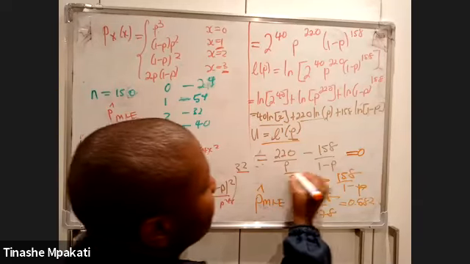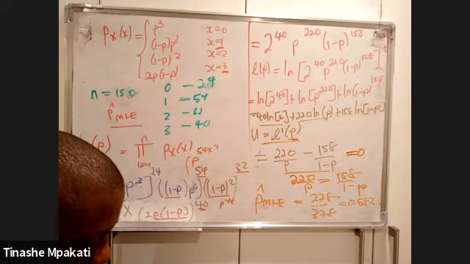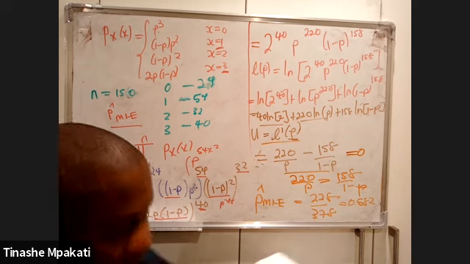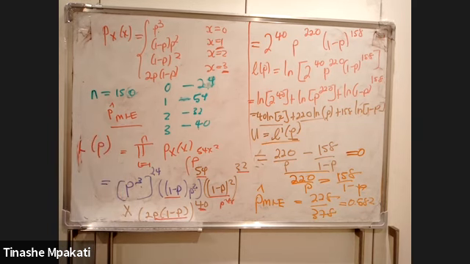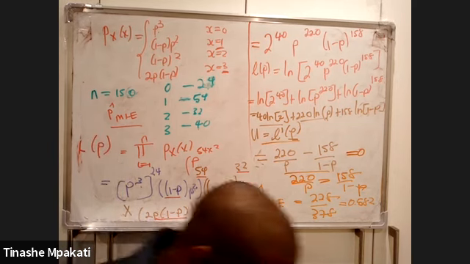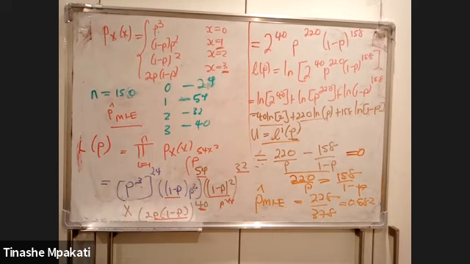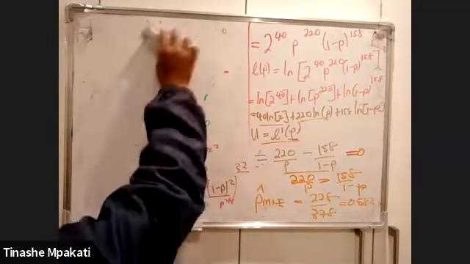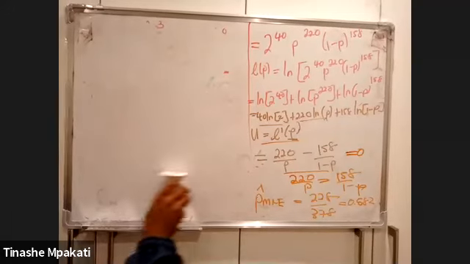We let that first derivative be equal to 0, which then gave us that our p was equal to that term I've written on the board. So now we have our maximum likelihood estimate of p.